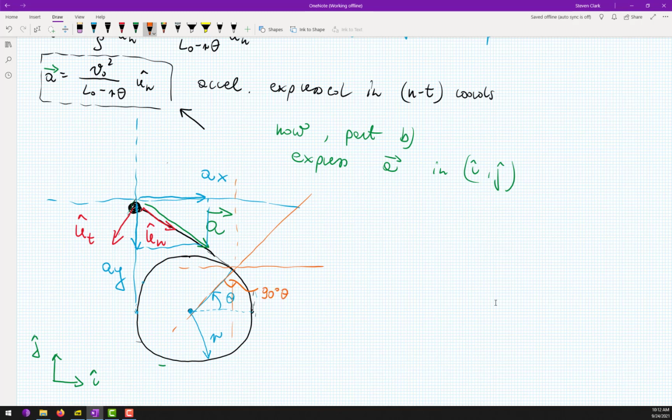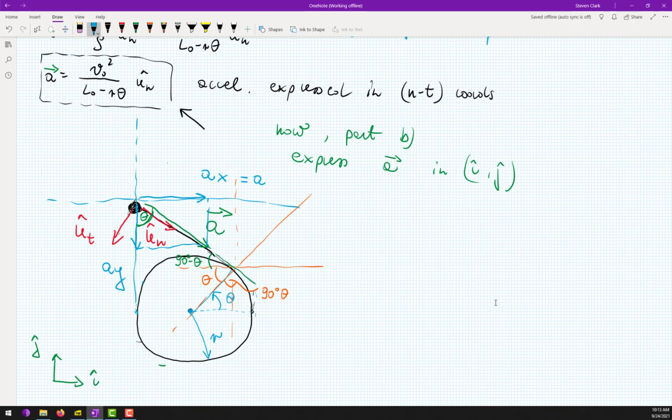Yeah? That also means that this will be theta. Yes? That means that this is 90 minus theta. So that means that this is theta here. This thing is theta.